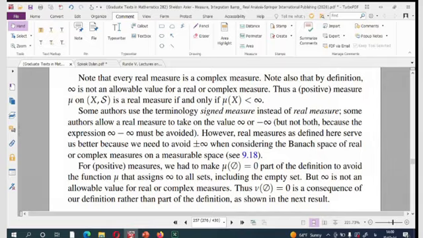But infinity is not an allowable value for a real or complex measure. Thus, nu of the empty set equal to 0 is a consequence of our definition rather than part of the definition, as shown in the next result.